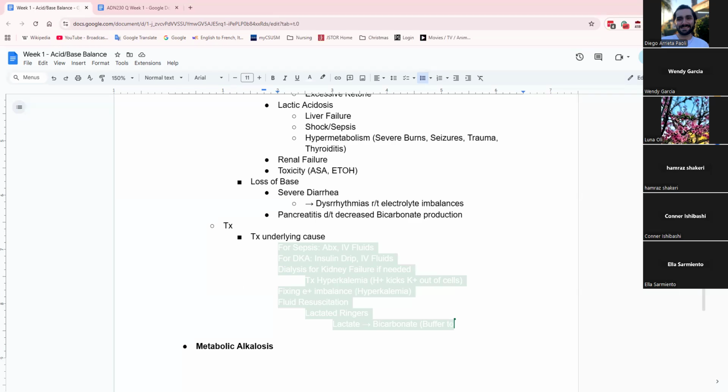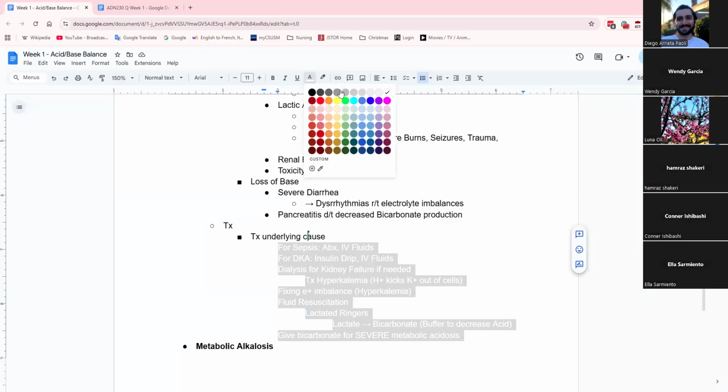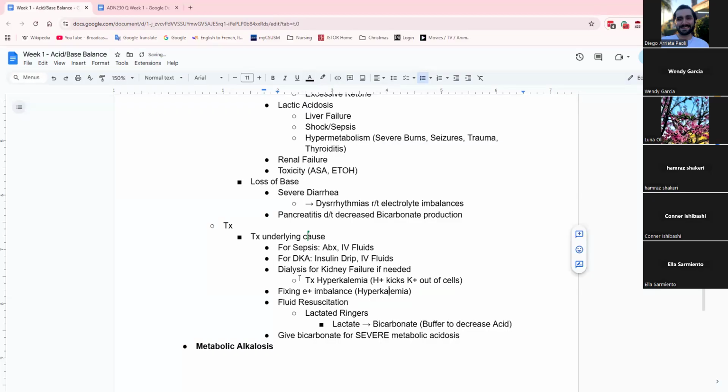If somebody has renal failure, dialysis or other management of that is what you're going to want to do. So overall, it's just treat the underlying cause and any underlying symptomology. So hyperkalemia, for example, you're going to want to manage that.